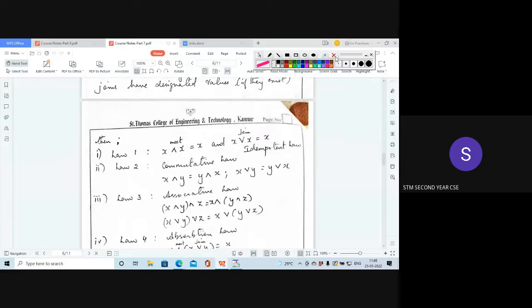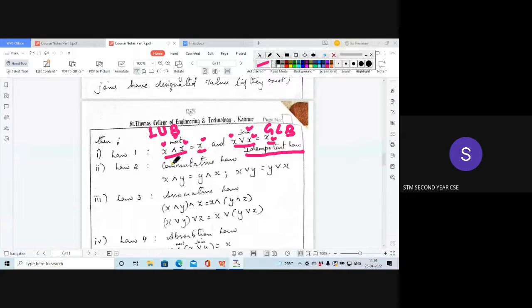Law 1 is the idempotent law, which we had studied earlier: x and x is x, x or x is x. Instead of and, or, we represent them as meet and join. In a lattice, we take any element x: x meet x gives x, and x join x gives x.